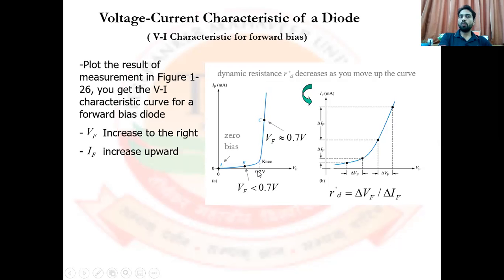The reason is that up to 0.7 volt, there is almost no current. This current is in milliamperes, and you see almost no current because electrons are not capable of moving from P to N, N to P. It is almost negligible. Once the voltage is increased more than 0.7 volt, there is no junction resistance, and the current starts flowing like this.